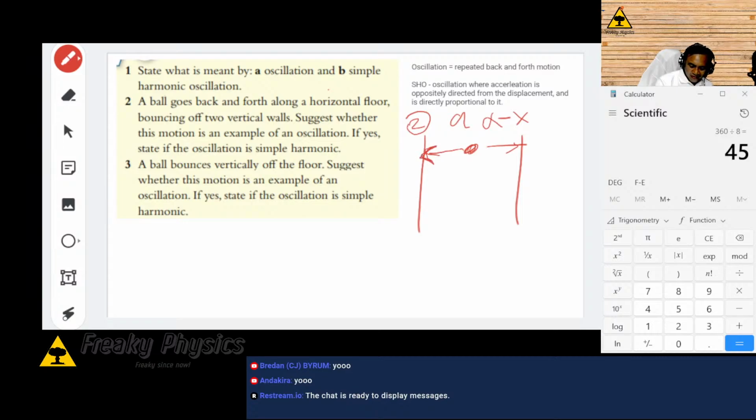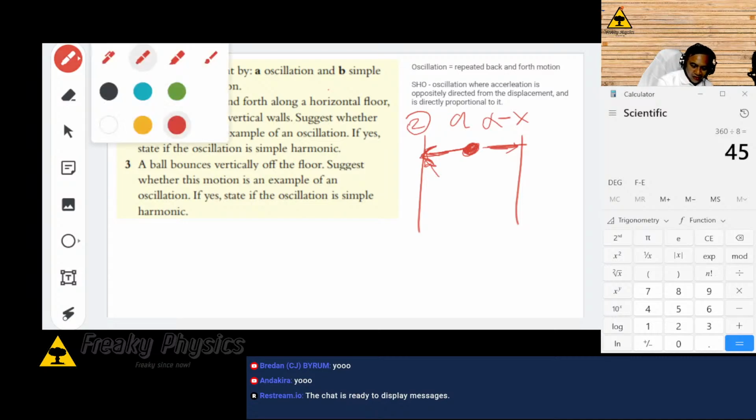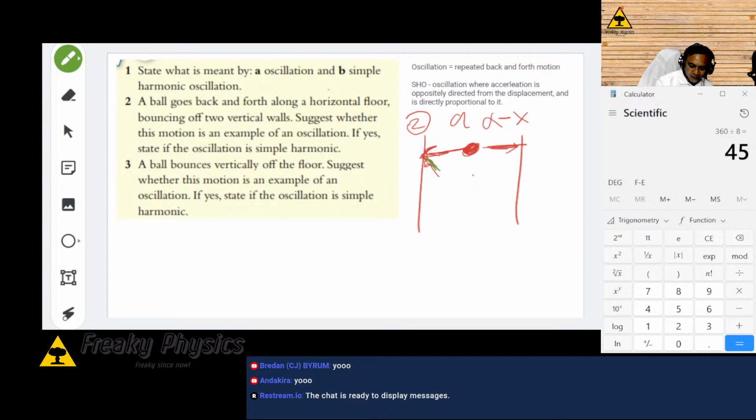What are the forces acting on the ball here? It only happens there. Let's change color to make it more easily seen. It only happens here, and it only happens right there. Do you have any forces on the ball anywhere else?